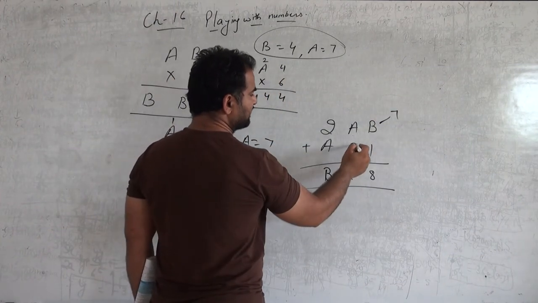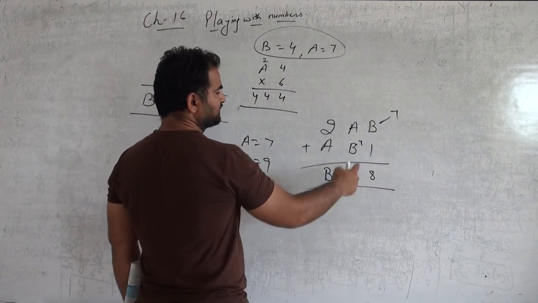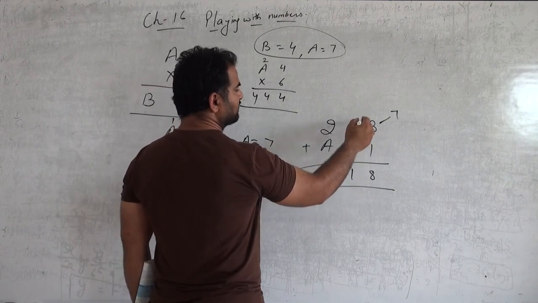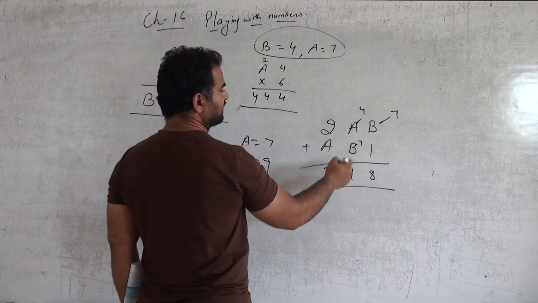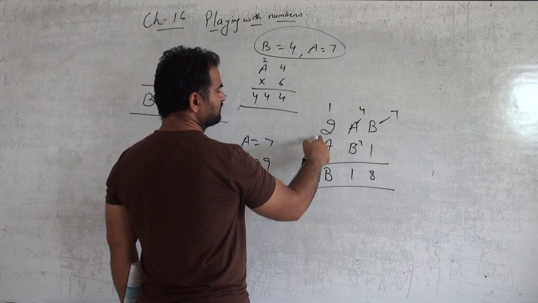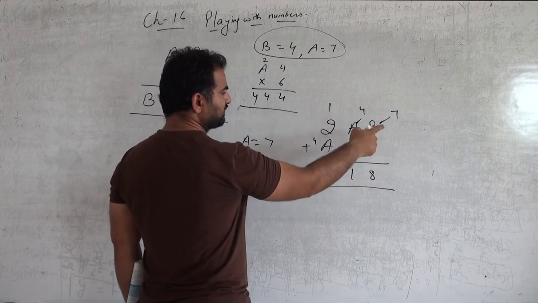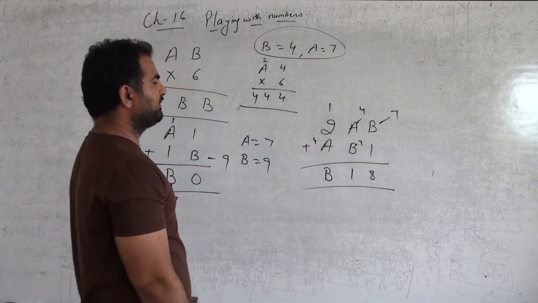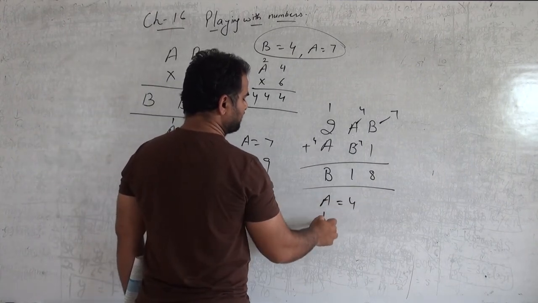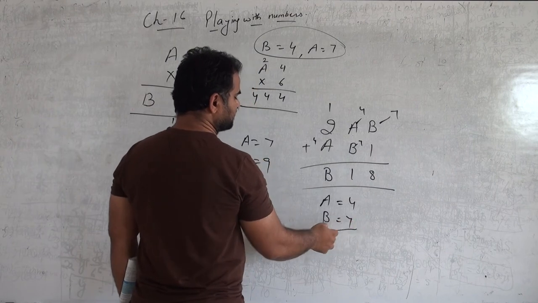If B is 7, then it should also be 7. So 7 plus what gives 1? It should be 11. 7 plus 4 equals 11. So 1 is carried. So 4 plus 2 plus 1 gives 7. Yes. So A should be 4 and B should be 7.